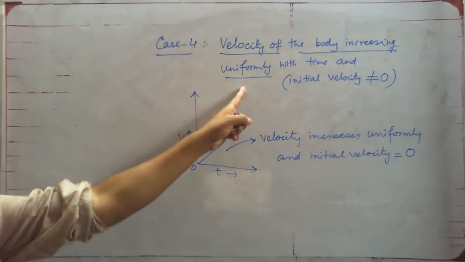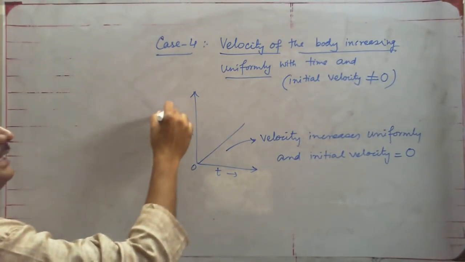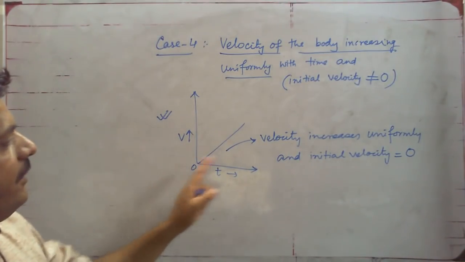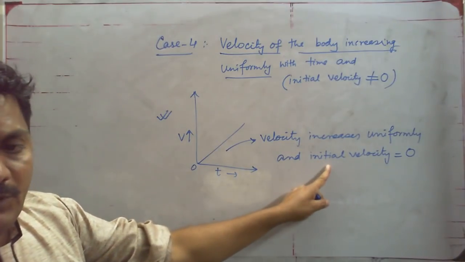Now this graph would be different from this graph. This is the graph which we have already drawn, case number 2. So this case is velocity increasing uniformly, initial velocity equal to 0.